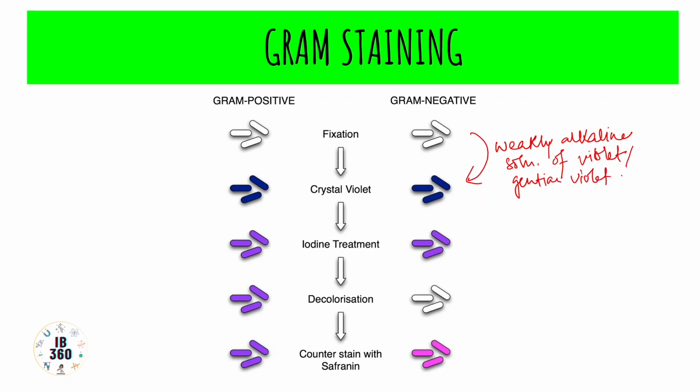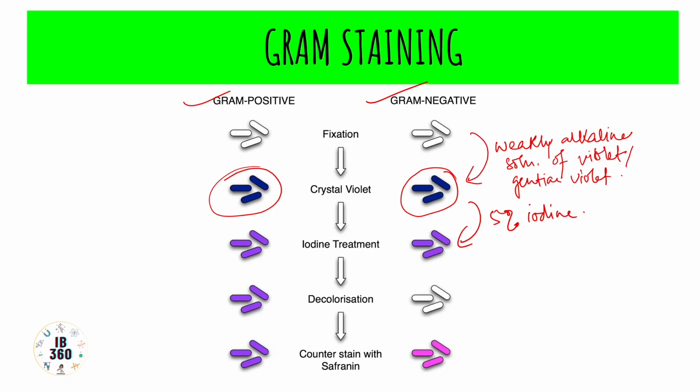They pick up the color and turn blue. Both gram positive and gram negative bacteria will pick up this solution color and turn blue. Then they're treated with 5% iodine. Iodine basically helps the dye stick to the bacterial cell wall.